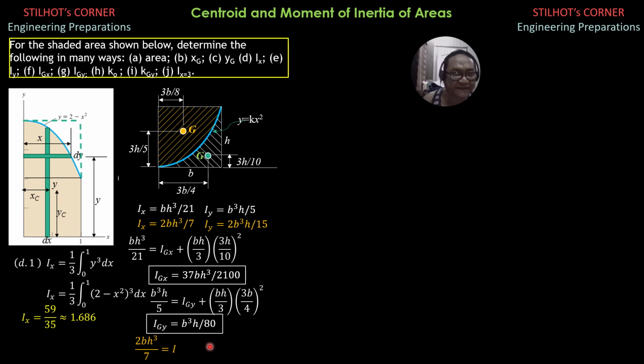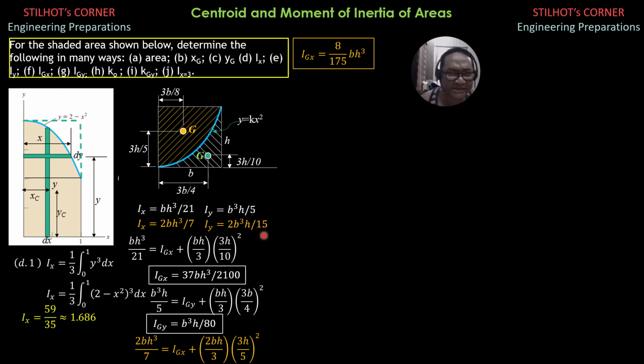So 2 over 7 b h cubed equals Igx plus 2/3 b h times 3/8 of h squared. Simplifying, Igx for the parabola is 8 over 175 b h cubed. Then Iy equals Igy plus area times distance squared.